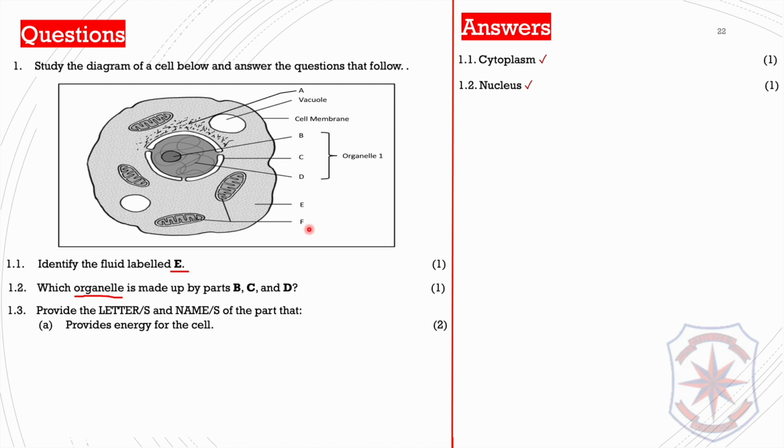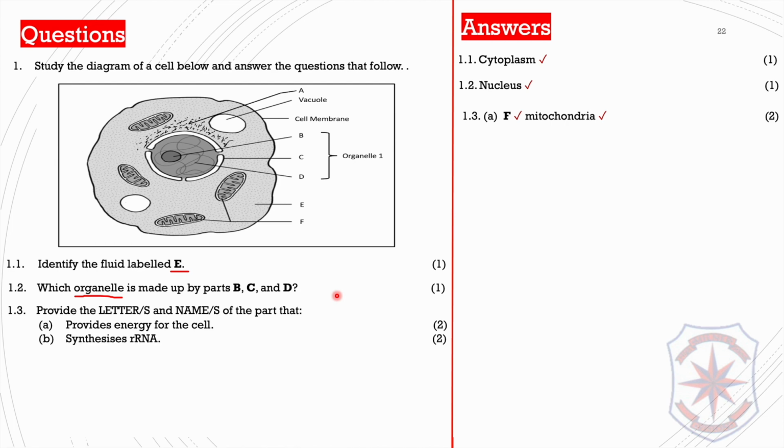Had you labeled mitochondria here, you would know that it is the letter, 1 mark, and then you write mitochondria, 1 mark. Let's see if that's the correct answer. Yes. F, 1 mark, the letter, and mitochondria, another mark for the name. There is no other organelle that provides energy for the cell here. Therefore, it is only 1 letter and 1 name.